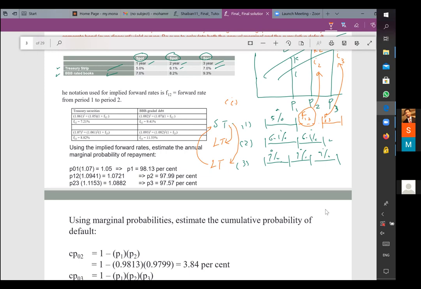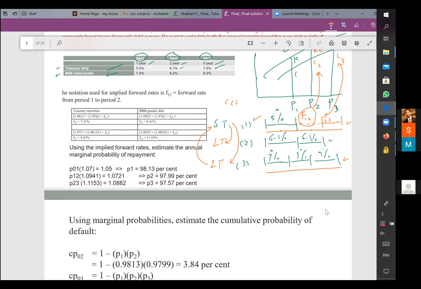Whether I take year one and liquidate here, then take my money and invest it for the second year, liquidate, and invest for the third year, it will give me the same as this one. Whether I use this way or this way, if I am an investor of 3 years, I will get the same thing. If we are talking about 2 years, it will be the same.